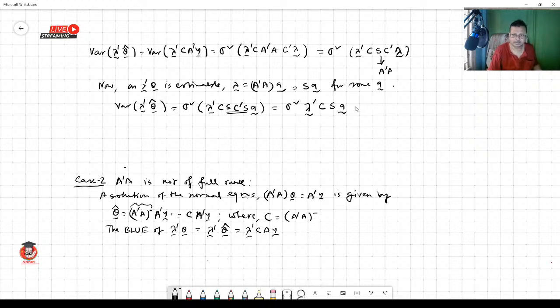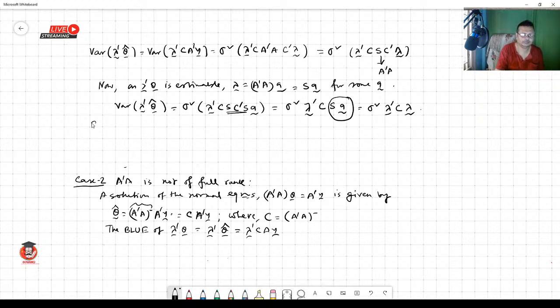And this is equal to lambda curl prime C, and S Q curl is lambda curl. Okay.